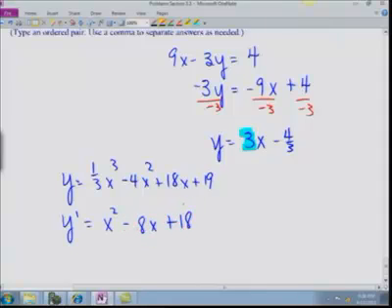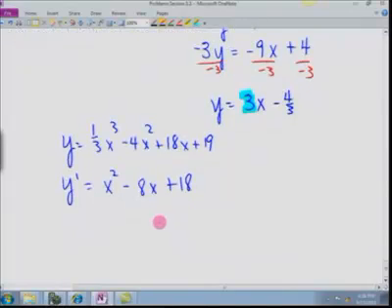Plus 18? Okay. So, we know that the slope of this line is 3, and we also know that this is the slope of the tangent. So, if we set those equal, we'll be able to solve for x, right? Okay, let's do that. So we got x squared minus 8x plus 18 equals 3.